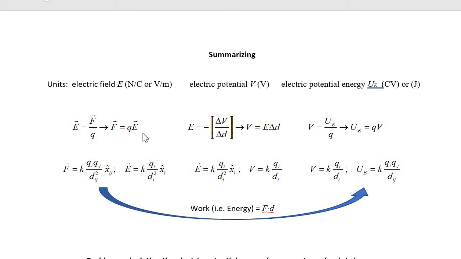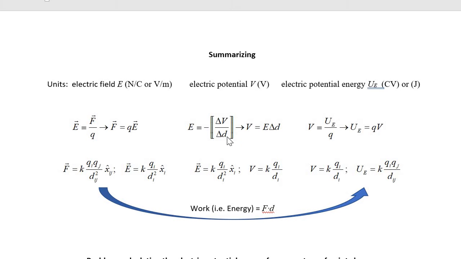Now, let's go back and look at the formula. Electric field was initially defined as force per unit charge, right? A newton per coulomb. And so we could write force as QE. So either way you want to write that. Now, the electric field later on was defined as the negative change in electric potential over the change in distance.